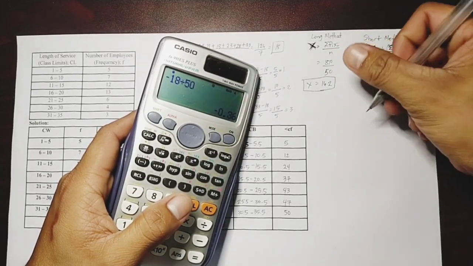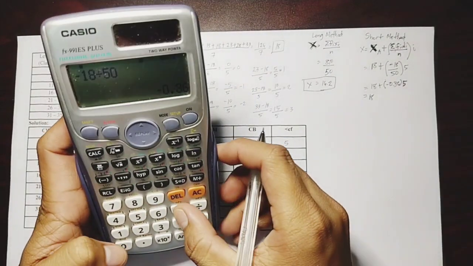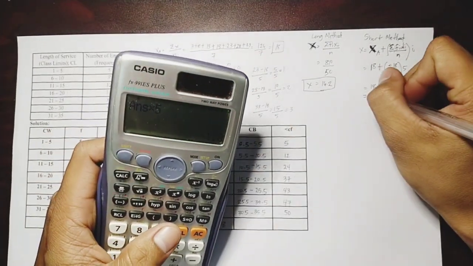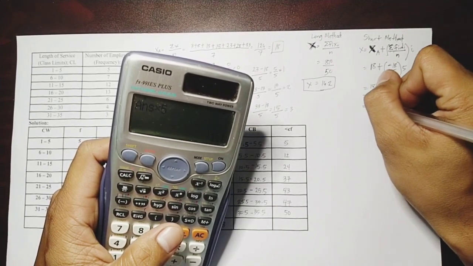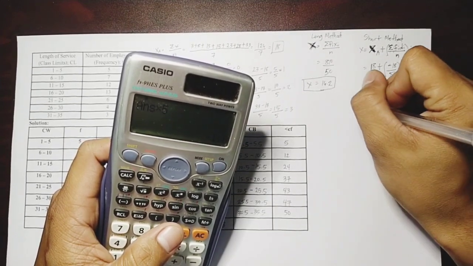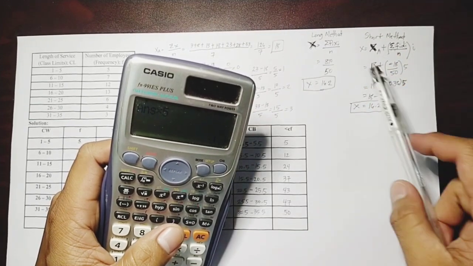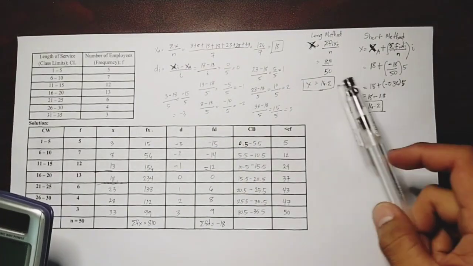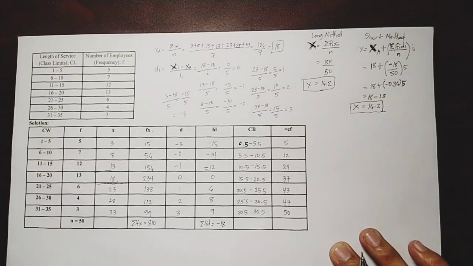Now, since nakuha na natin yan, you have 18 plus negative 1.8 or minus 1.8. So, here we have 16.2. So, as you could see, it is just the same. This is the long method and this is the short method. Okay? Makikita nyo pareho dyan kung paano kinumpute yung ating mean.